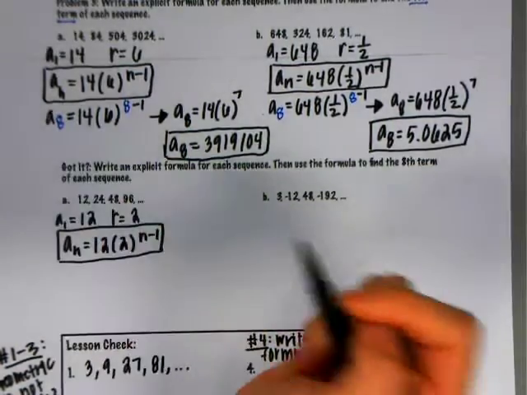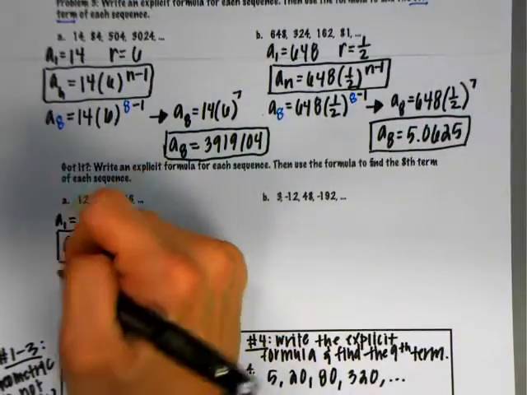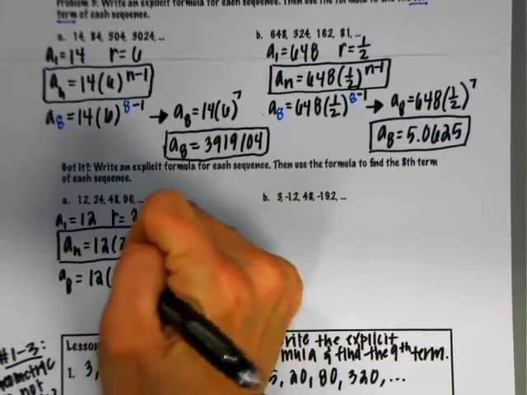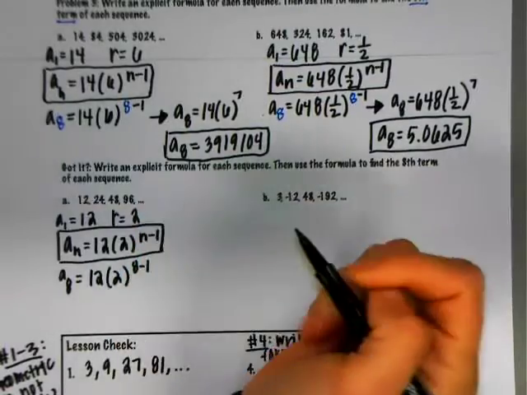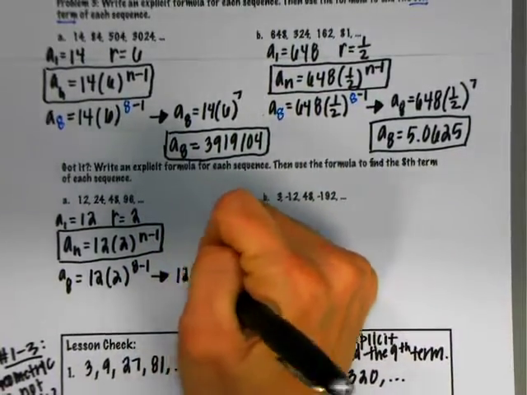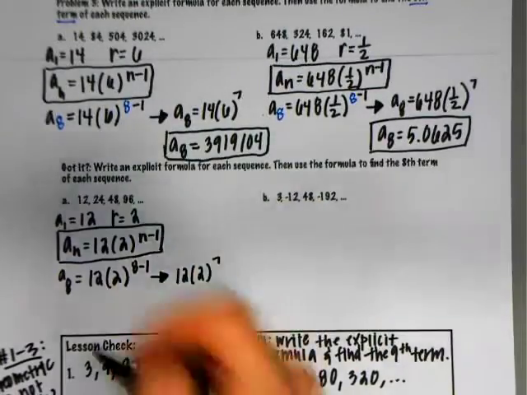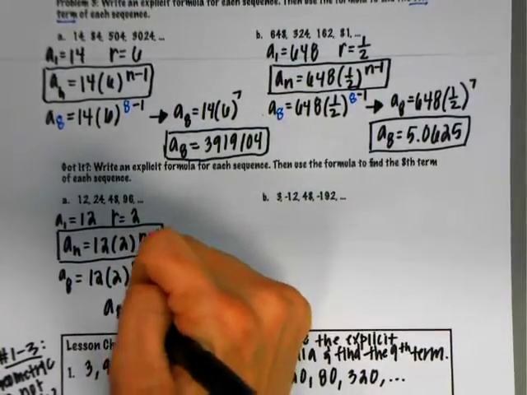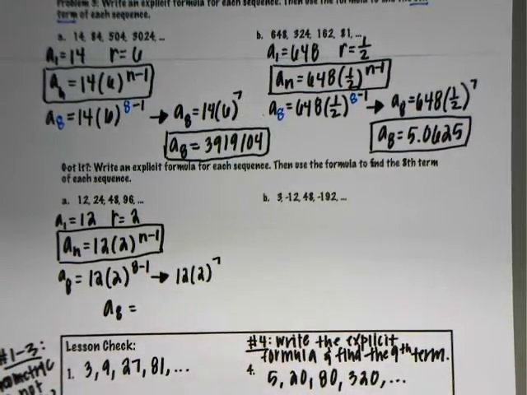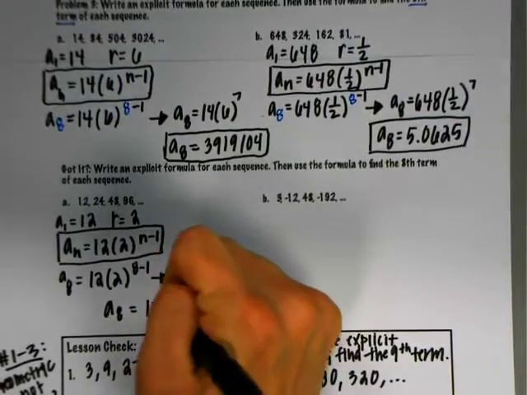And then for the, is it eighth term again? Yeah. A sub 8 equals 12 times 2 to the 8 minus 1 power, which is 12 times 2 to the 7th. So your eighth term should be 1,536.